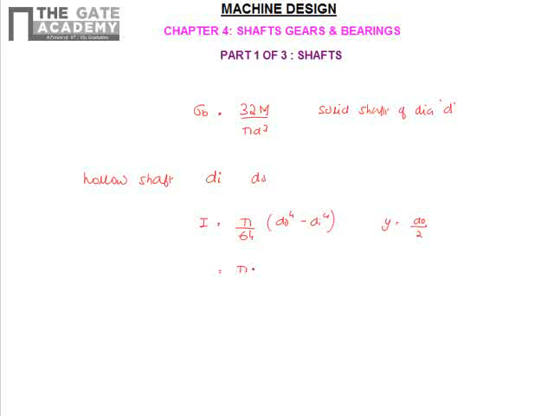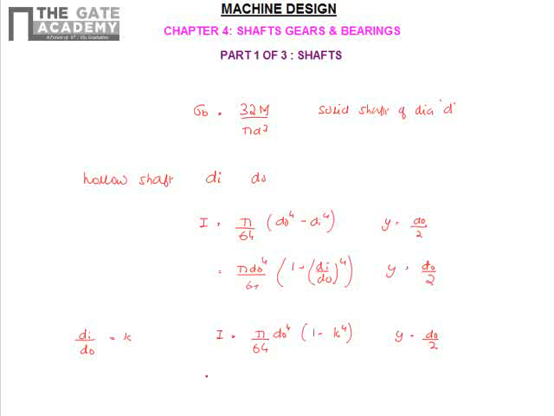I'll take Do outside, so what we get is 1 minus (Di by Do) raised to 4. If we put Di by Do equal to some parameter k, then the moment of inertia will become pi by 64 Do raised to 4 into (1 minus k raised to 4). y is equal to Do by 2.